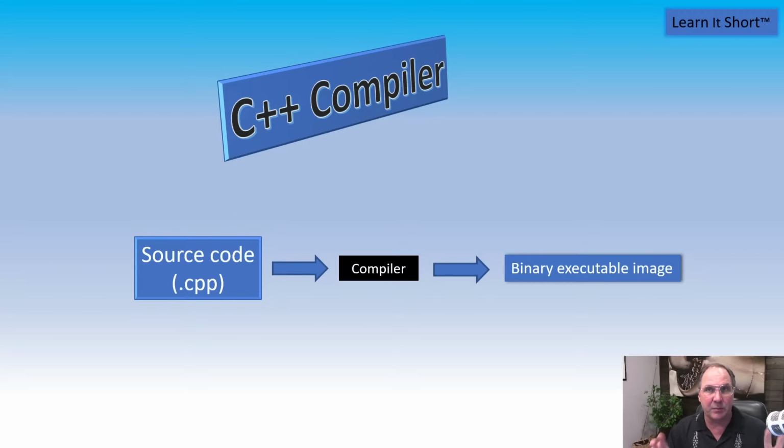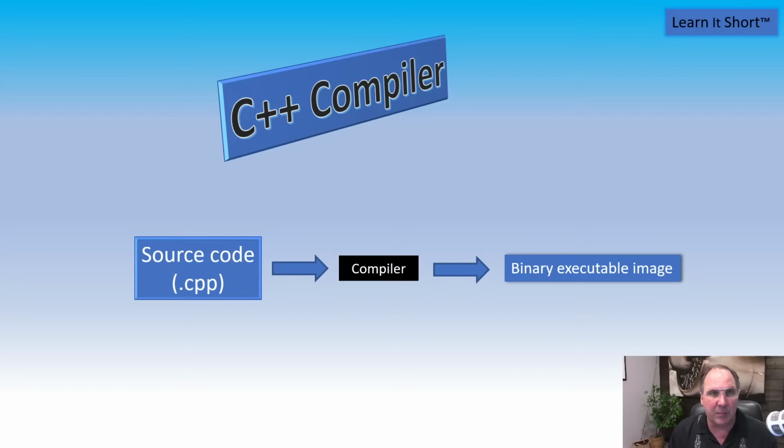The C++ programming language has words and phrases and a grammar and a syntax just like English or French does. I'm going to tell the computer what I want it to do using the C++ language and its syntax, its grammar, and I'm going to write that in a plain text file.